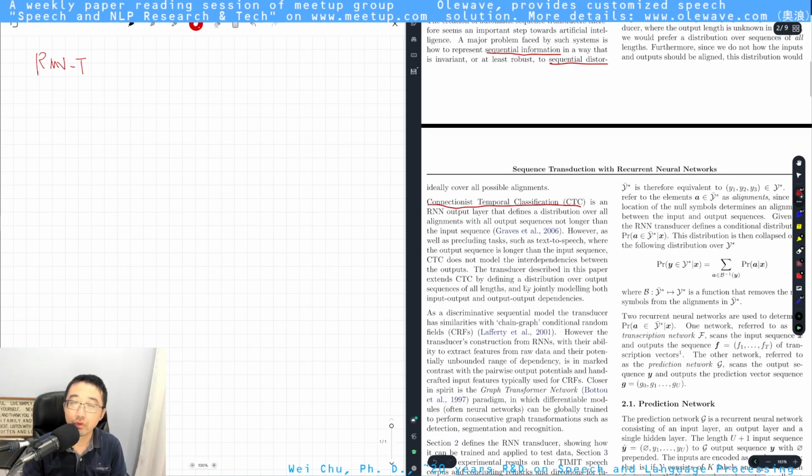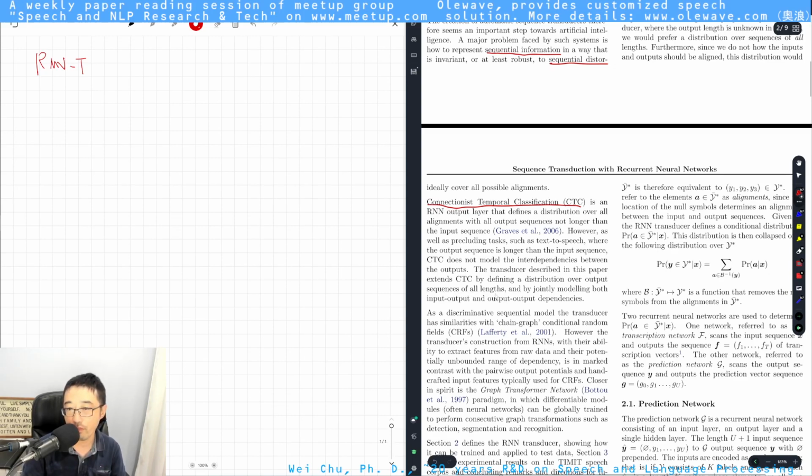So this is why he's introducing this work, the RNN transducer. In his opinion, CTC is a type of RNN, and he goes one step further from CTC to the RNN transducer. He said the transducer described in this paper extends CTC by defining a distribution over output sequences of all lengths.